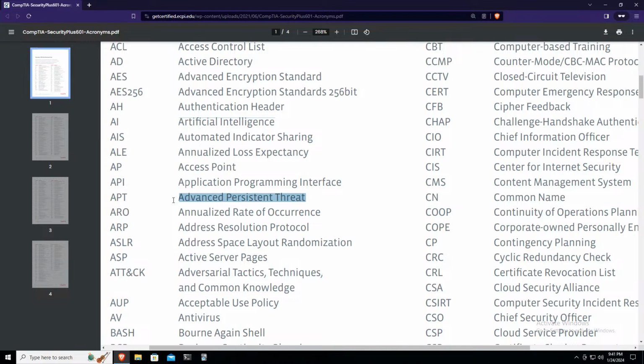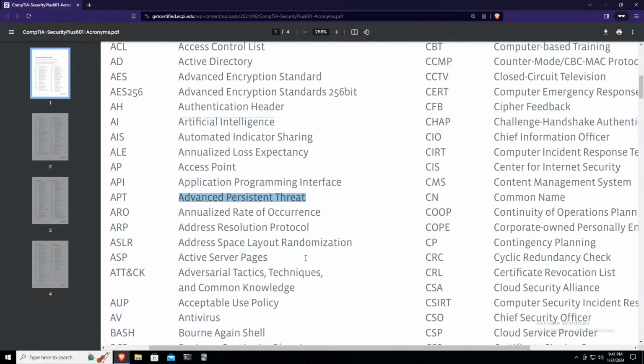Usually very well experienced threat actors fall under this, where they will traverse their way through a network or systems and just stay there for a while with little to no detection from the IPS or IDS systems.